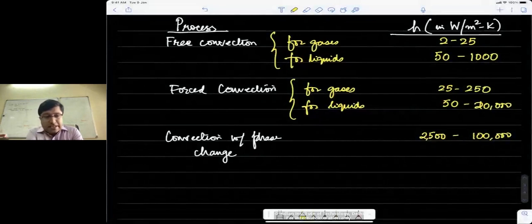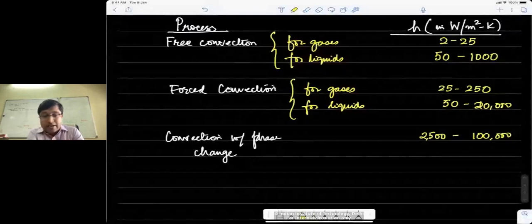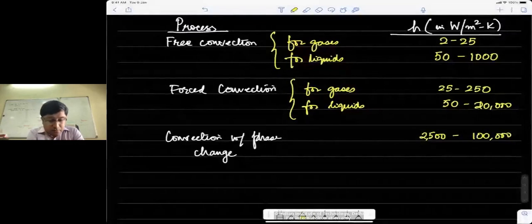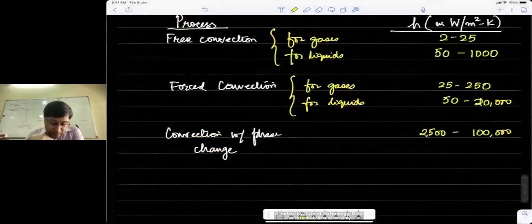These numbers will become very important when I do some standard calculations next week, or derive some methods of doing heat transfer calculations. I'll show you how these numbers become very critical in enhancing or reducing heat transfer. So we have now covered convection to some basic level.